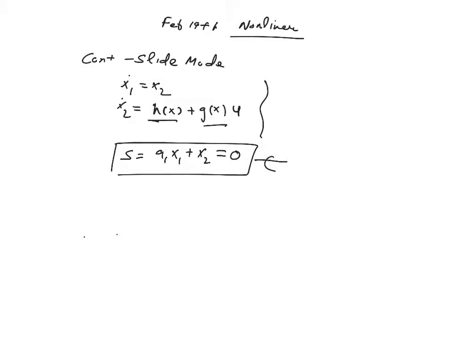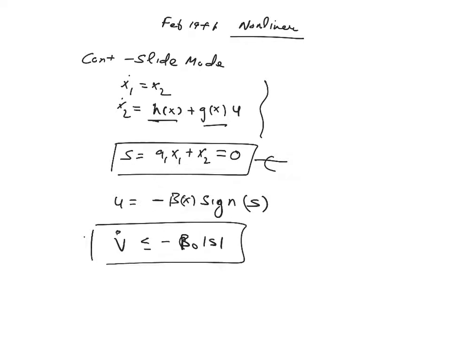And your controller u was, I think, something like minus beta times sign of s, which made your V dot less than or equal to negative beta 0 times mod of s, right?